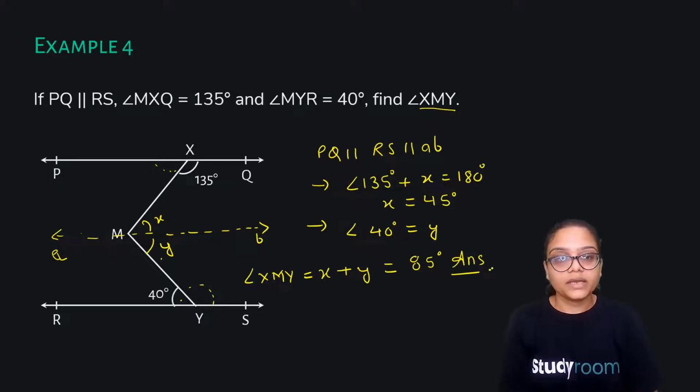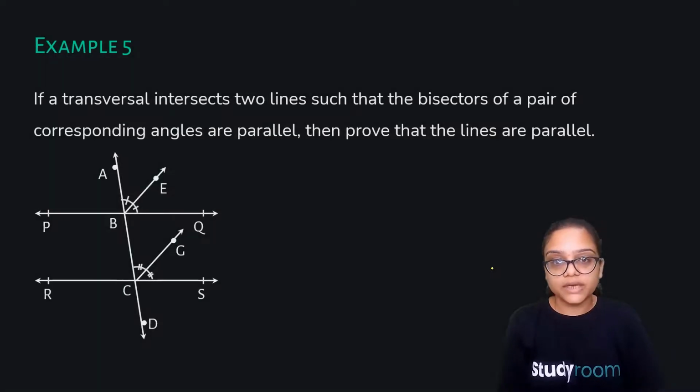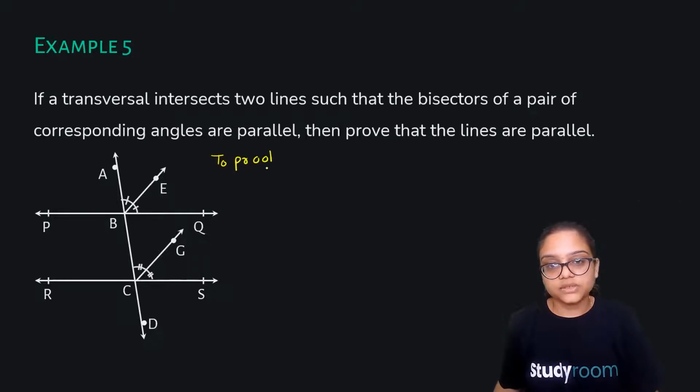Now, if a transversal intersects two lines such that the bisectors of a pair of corresponding angles are parallel, then prove that the lines are parallel. In the question we are given that a transversal intersects two lines. We are not given that PQ is parallel to RS; we need to prove it.